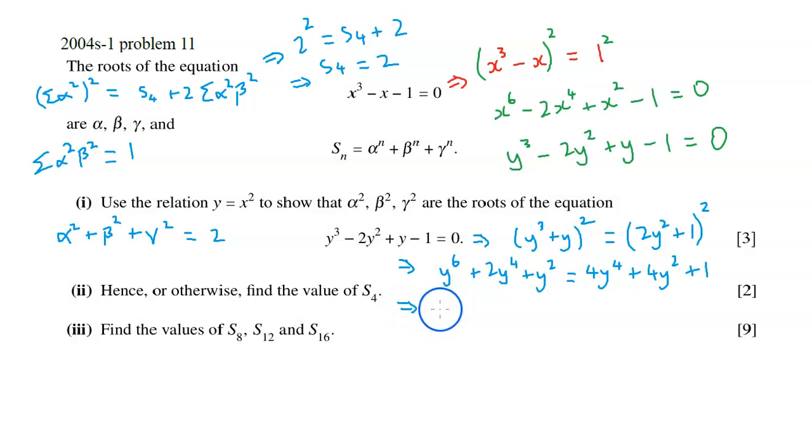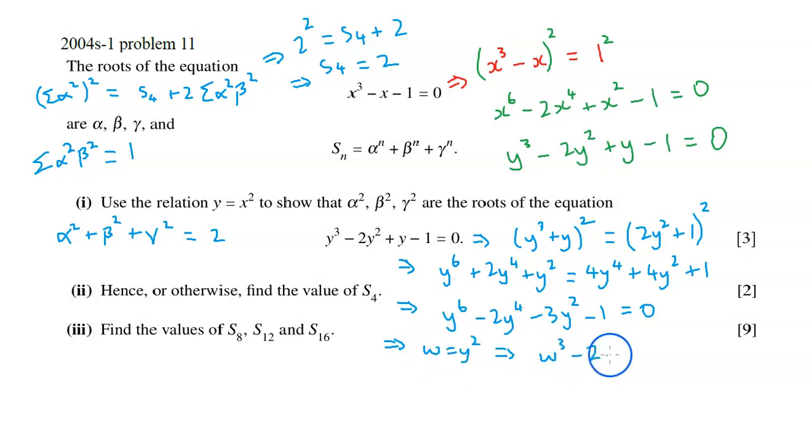And then from there, y to the power of 6 minus 2y to the 4 minus 3y squared minus 1 equals 0. And make a substitution, say w equals y squared, then we get w cubed minus 2w squared minus 3w minus 1 equals 0.